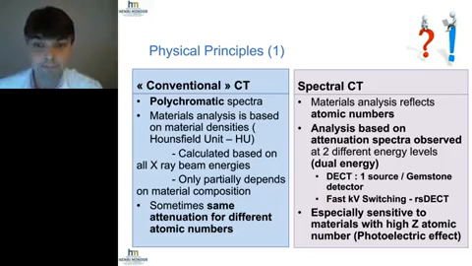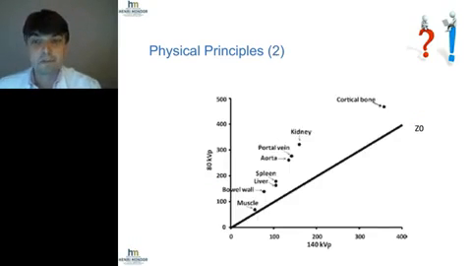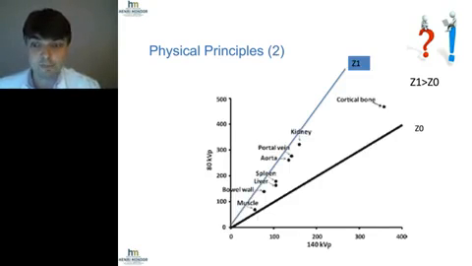And how do we do that? If we look at the way we deal with materials, say we had two materials of atomic number Z0 and Z1 that were imaged at two different energy levels, namely 80 kVp and 140 kVp, so using two polychromatic spectra and looking at the attenuation of those materials at those two energy levels.